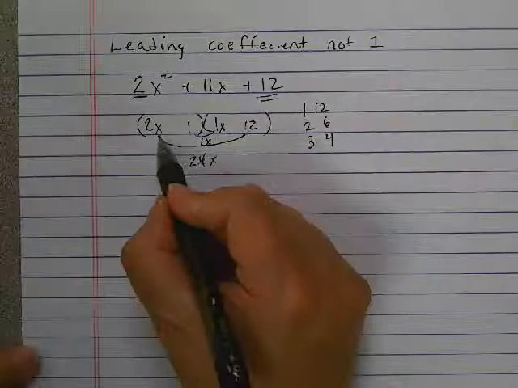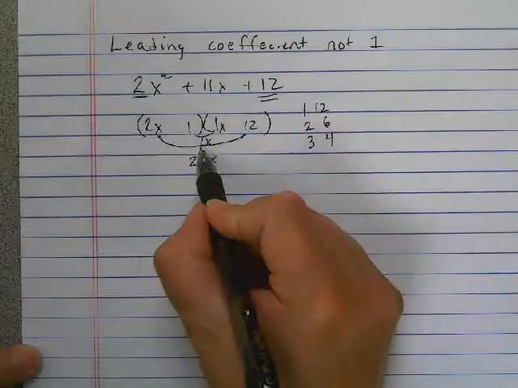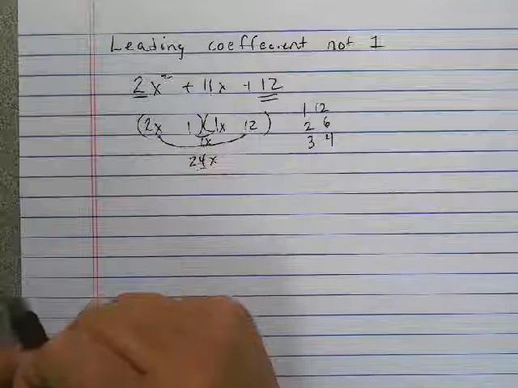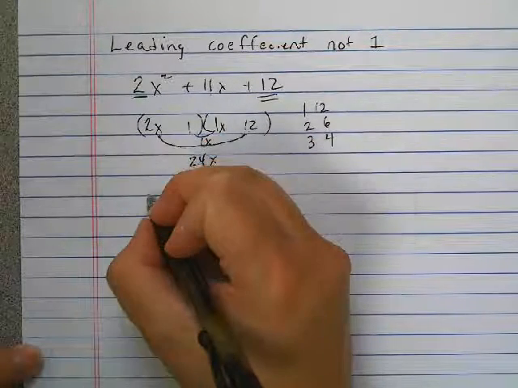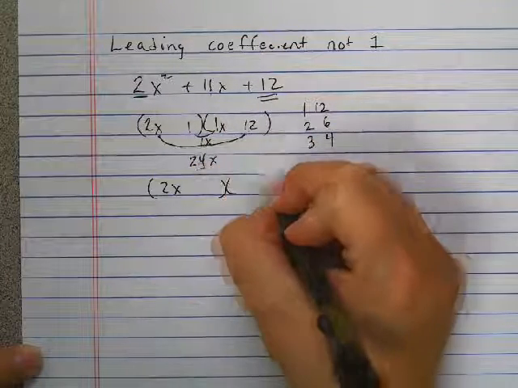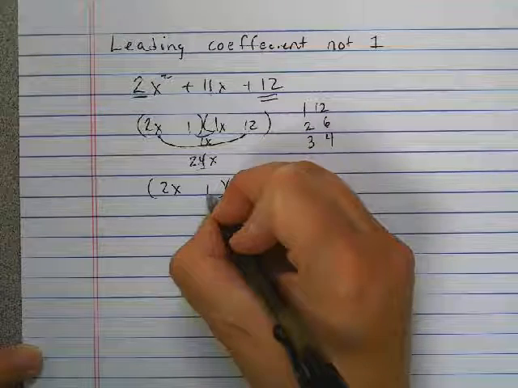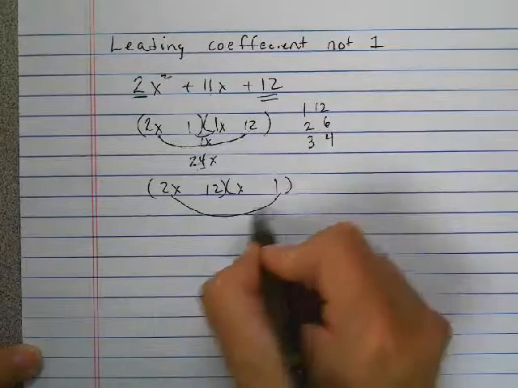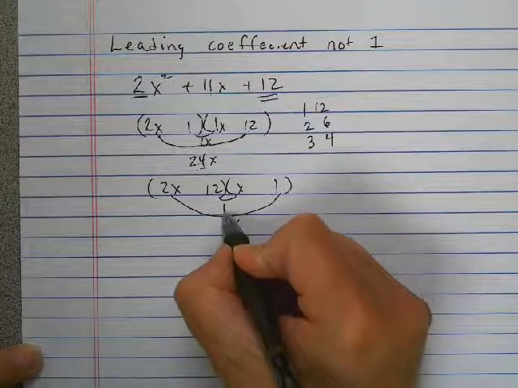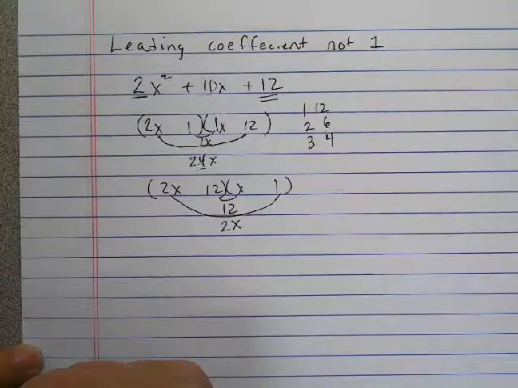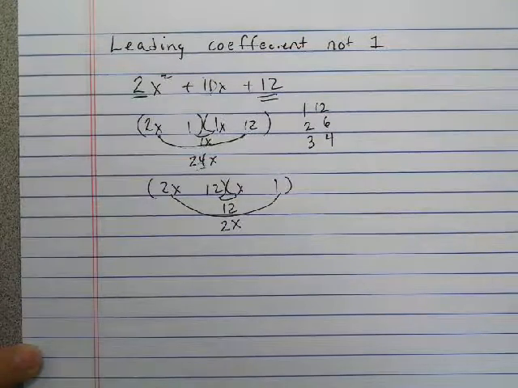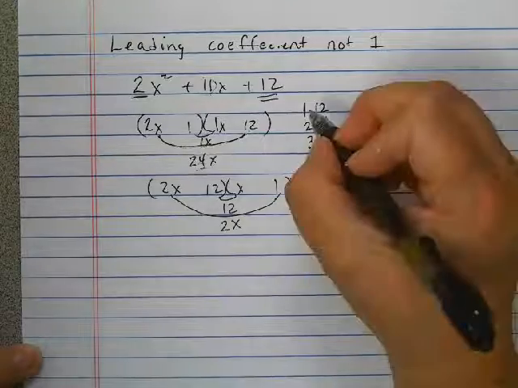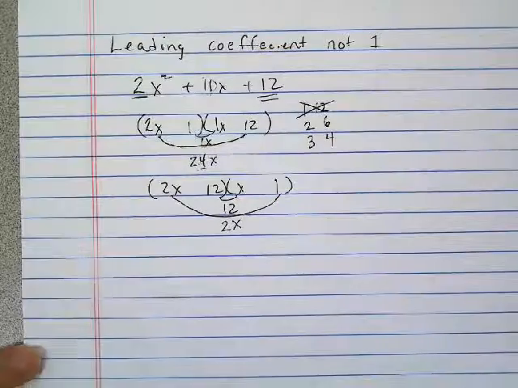I can't do 2x and 12 because I would get 24x and 1x, and that's way too big to be 11. So I'm going to reverse them and try 2x and x, and put the 12 here and the 1 here and see if that helps. So I would get 2x and 12x. That's still not 11x, because if I add them I get 14, if I subtract I get 10. So I know that 1 and 12 is not going to work.